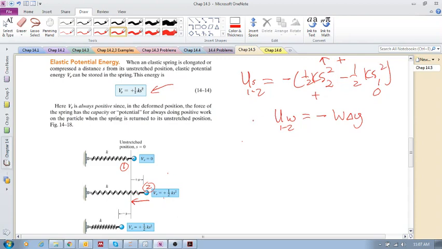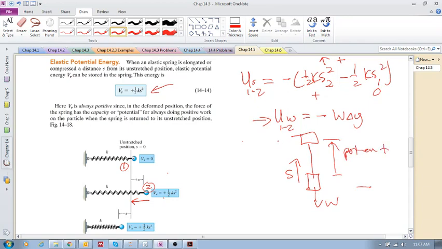It is exactly the same with weight. Whenever the weight does negative work, for example, if this box is moved up to there, the weight is acting down, the motion is up. So because these two vectors are opposing, the weight will do negative work, but the potential energy has increased.